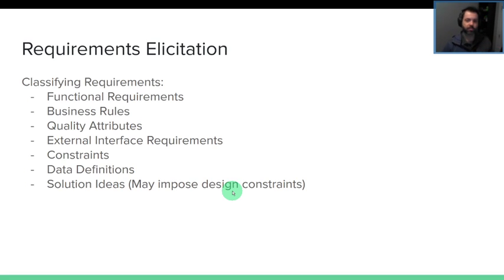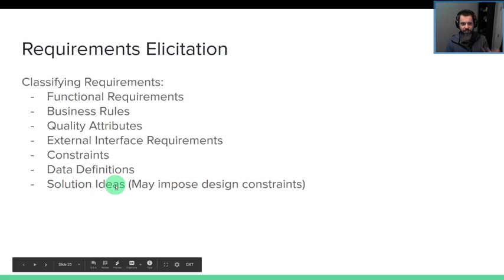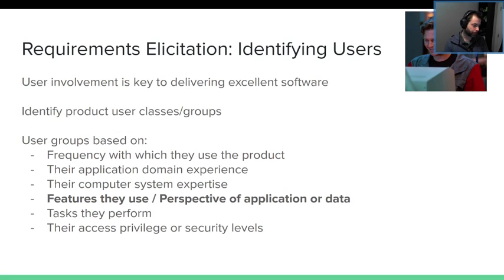Or if I tell you to use WebSockets, or use Unity instead of Godot, use Pico 8 instead of Unity. I'm giving you constraints. They're solutions, but you don't have the creativity to explore other ideas at this point. Requirements should be really non-implementation specific. But at the elicitation phase, people might start giving you ideas, right? You're going to be dealing with technical people.